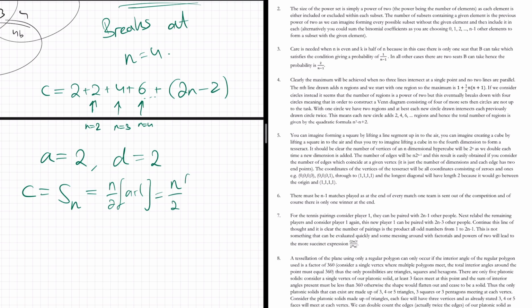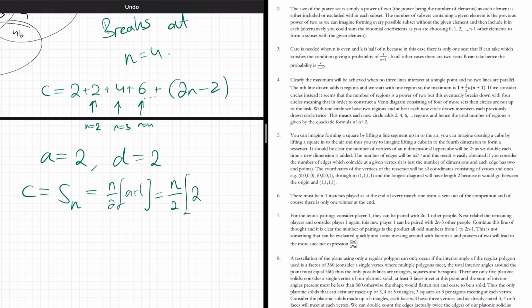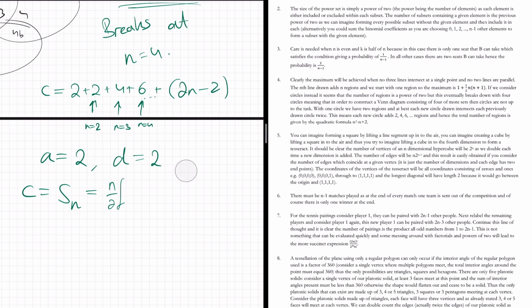Hold on, have I made a mistake somewhere? Oh, it'll be a_n, isn't it? Sorry about that. N over 2 times (a plus l), which equals n over 2 times (2 plus 2n minus 2).